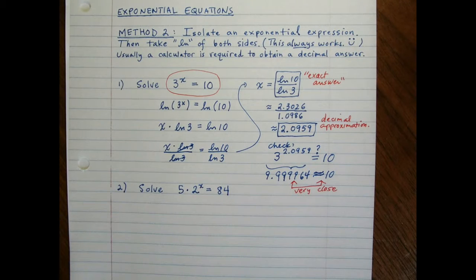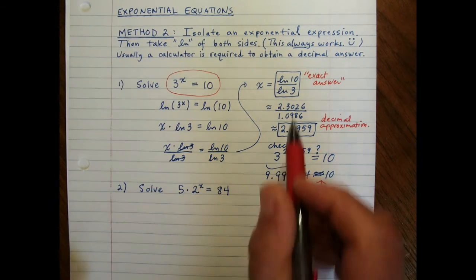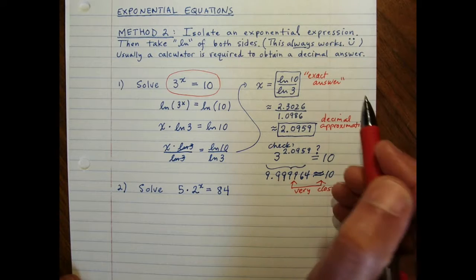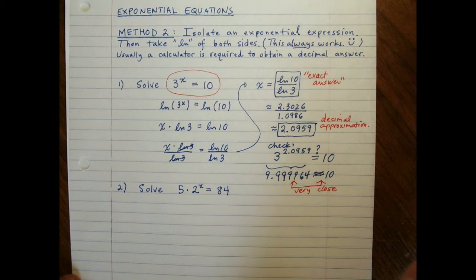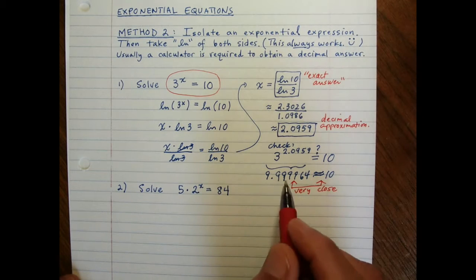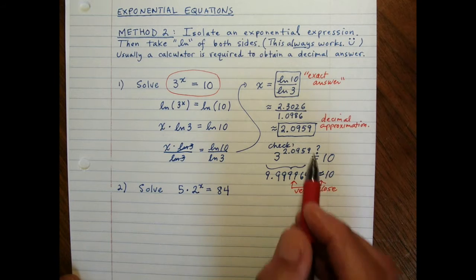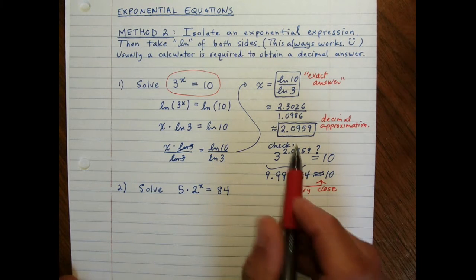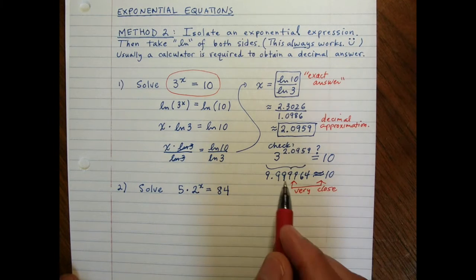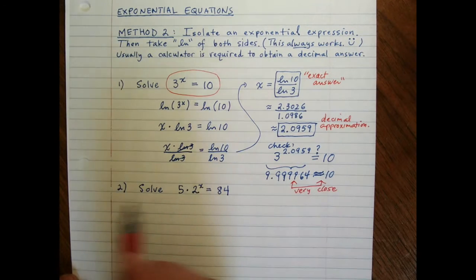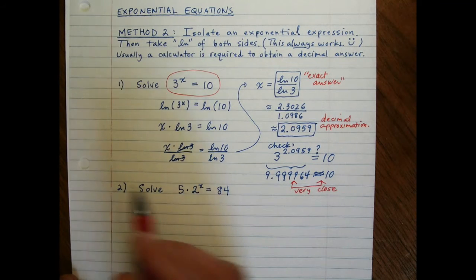There's no way to plug that into a calculator because the decimal for ln 10 over ln 3 is infinite, not repeating. So as soon as we switch to calculator mode here, we're getting approximations, and even checking is going to be an approximation.